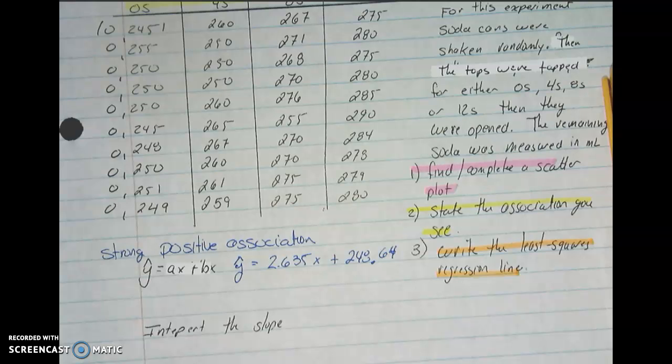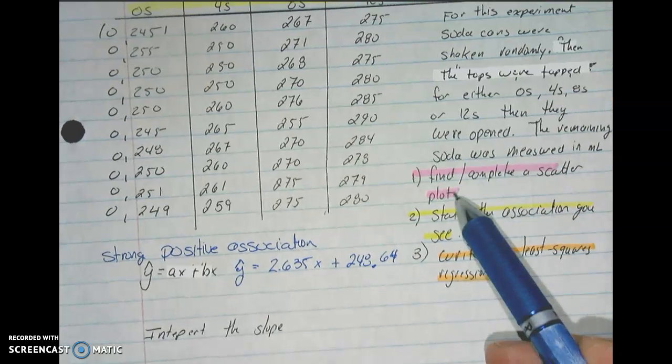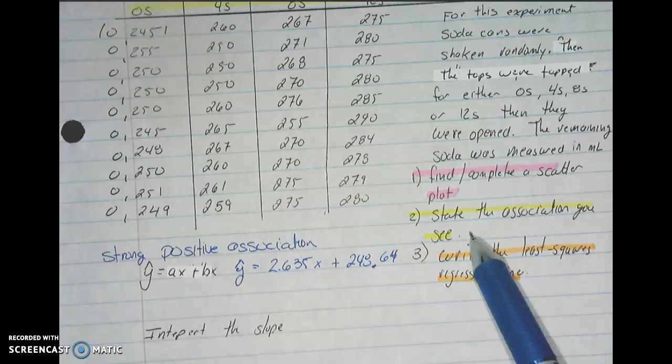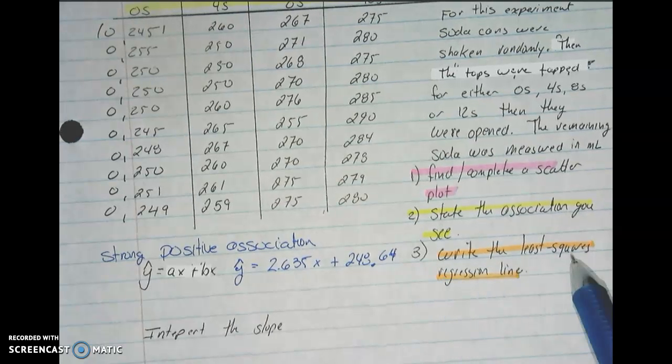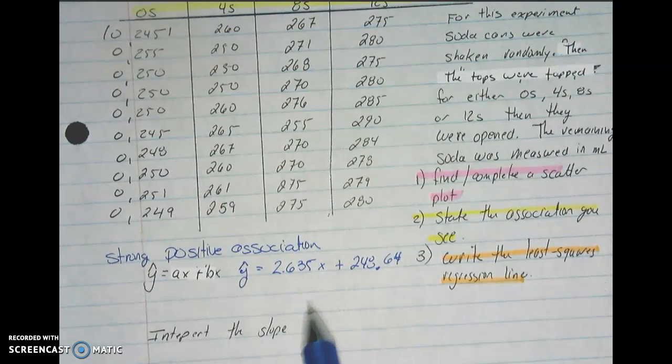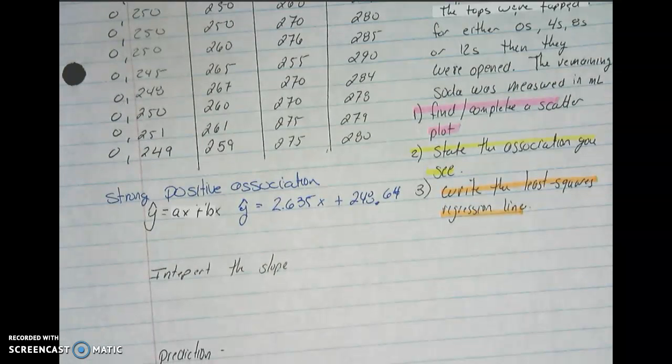So we've done 1: we've found and completed a scatter plot. We stated the association, right? We wrote the least squares regression line. And so the part that should be a little bit new for us, but not really because you guys did it all the time in Algebra 1, okay? So interpret the slope.